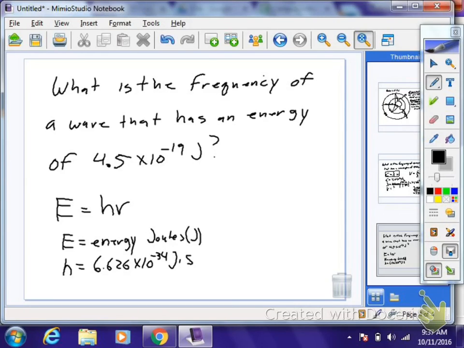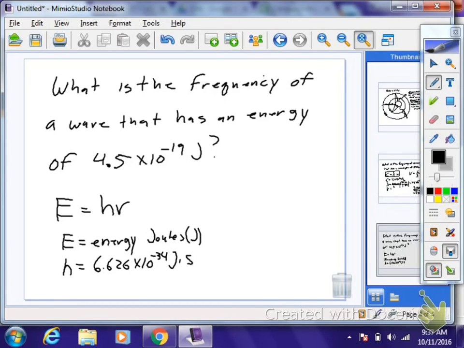Okay? You don't have to remember them. You'll be given all constants. Right? You'll be given the equations. You don't have to memorize the equation. I'm going to give it to you. I'm going to give you the constants. Okay?